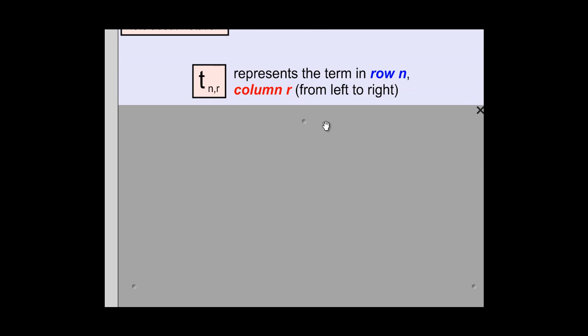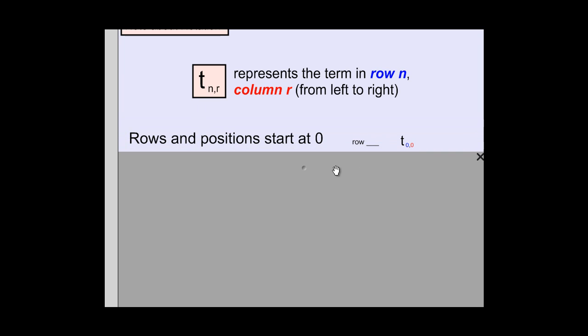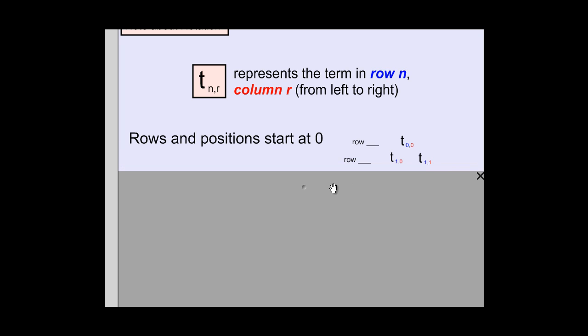Another way to describe the values in Pascal's triangle is to use a notation. So here's our notation. Term T in Pascal's triangle, row n and column r, and we can denote every one of the values in Pascal's triangle using this format. Okay, so for row 0, this would be term 0, 0, which means row 0, column 0.